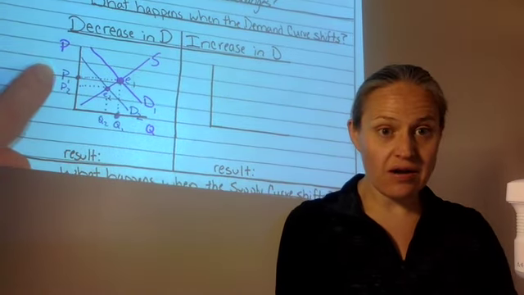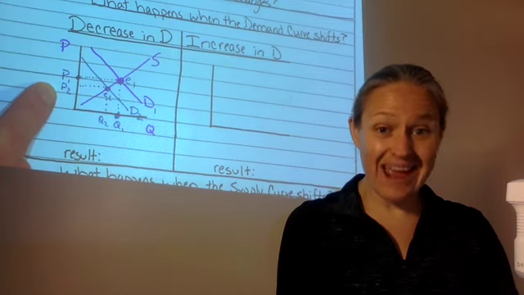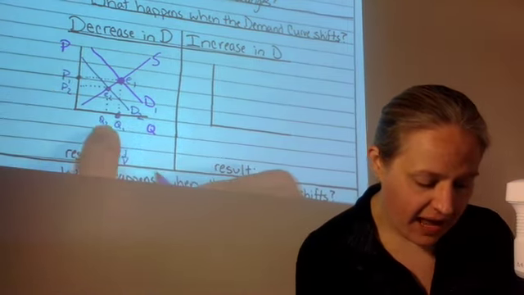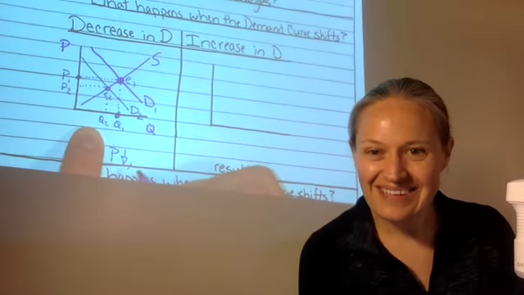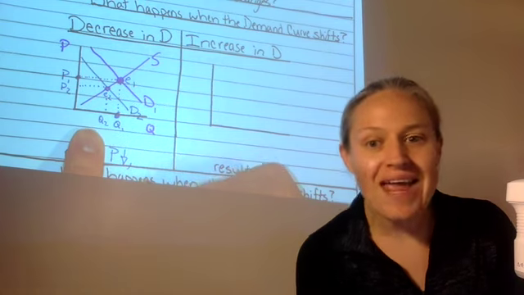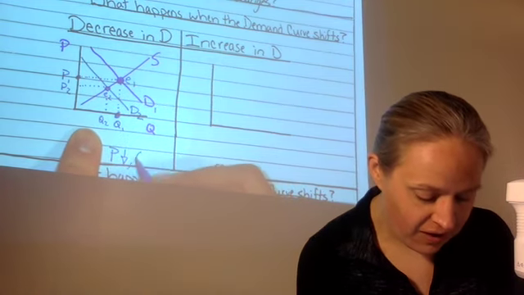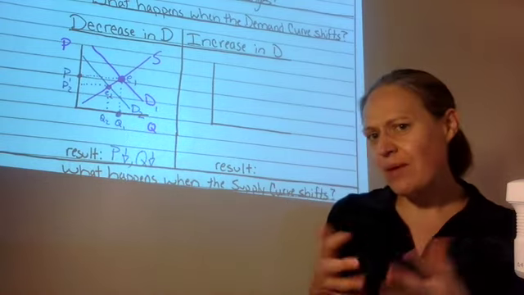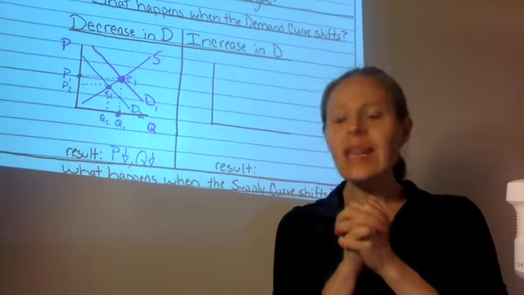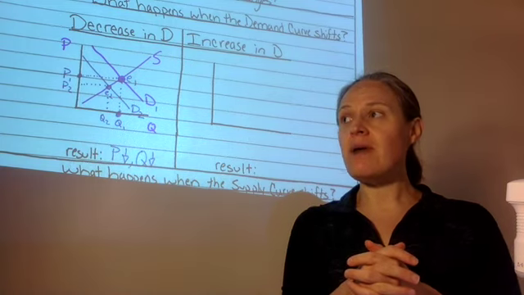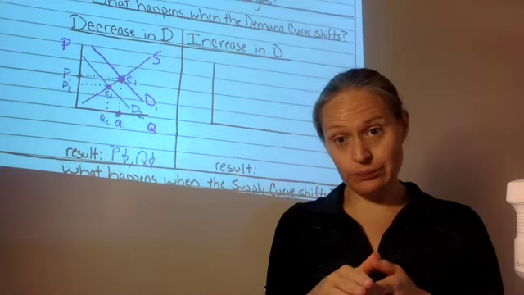Well, the result: what happened to the price? We look here, price went down. So the result is the price went down, and the quantity, the amount available, the amount that the companies are going to make, the amount that you'll find in the store, is also going to go down. And let's think about that for a moment. Let's say there is a product and it becomes less popular.